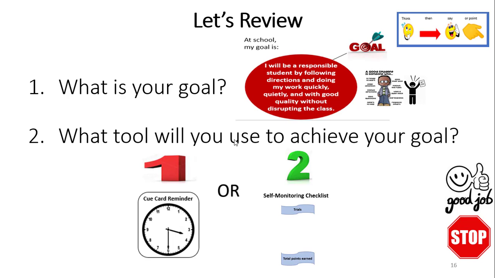Was it the cue card reminder or the self-monitoring checklist? Say it out loud, 1 or 2. Self-monitoring checklist is most important because when we are trying to be a responsible student, there are a lot of things that go into that. So we're using our checklist and a point system that's associated with that.